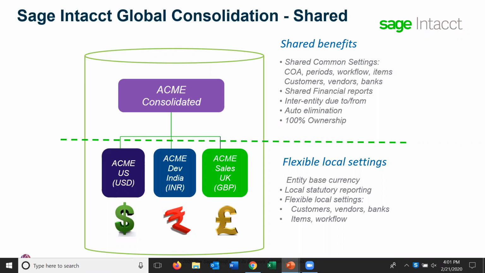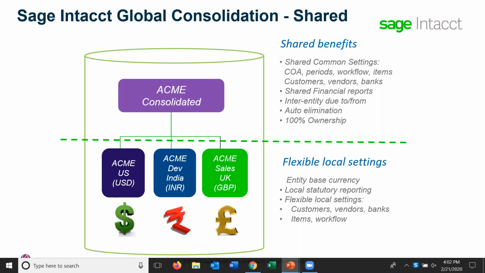With this solution, you're also going to have the ability to have automated eliminations, and this is for folks that have 100% ownership. In addition to that, at the local level, so at the entity level, each entity is going to have their own base currency, their own statutory reporting.